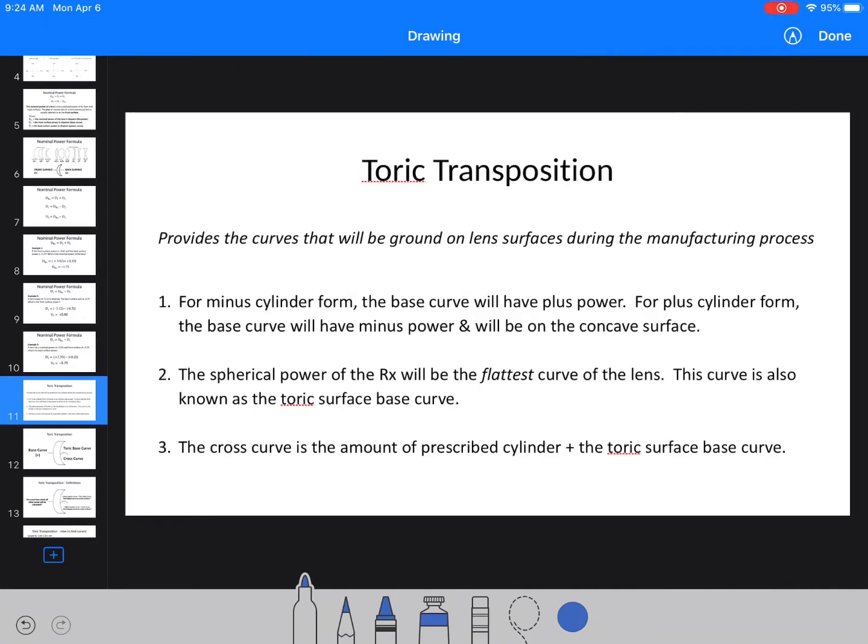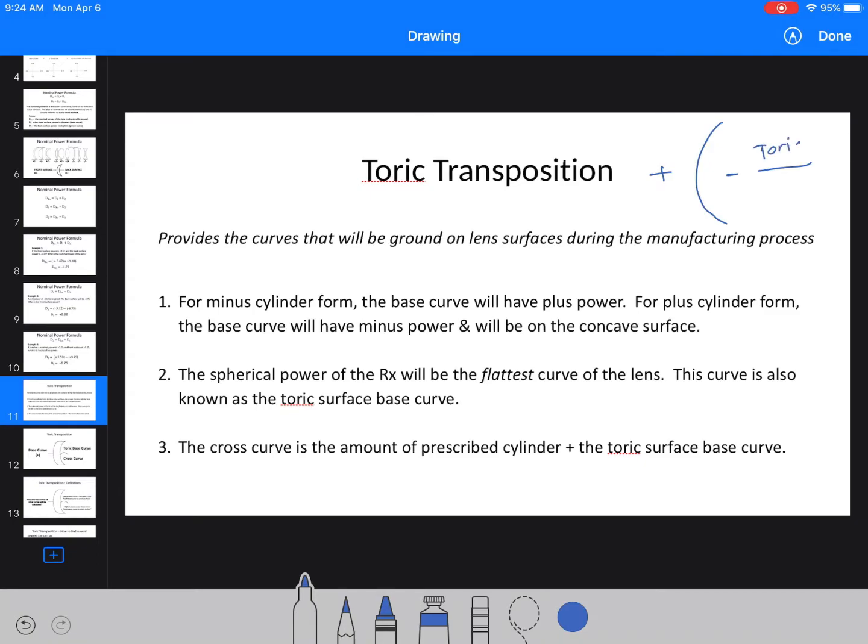Okay. So toric transposition, what is this? This is basically telling us what curves or what powers are going to be ground on the lens during the manufacturing process. So if we look at a lens here, we know the front is going to be a plus power for this particular lens. The base curve is plus. The back side of the lens is going to have minus power, and basically, we know that with something that has cylinder, the backside is going to have two curves on it because toric means more than one curve.